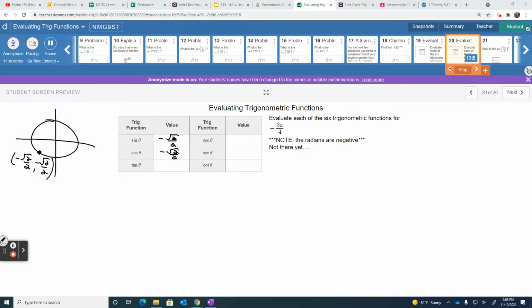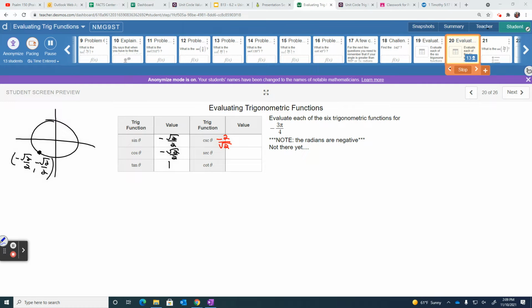For tangent, what's that? Y over x. So it'd be positive 1, because it's this over this, the exact same thing over itself. Now for cosecant, you flip it. You just flip the fraction. It becomes negative 2 over radical 2.